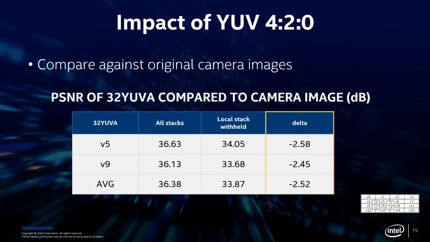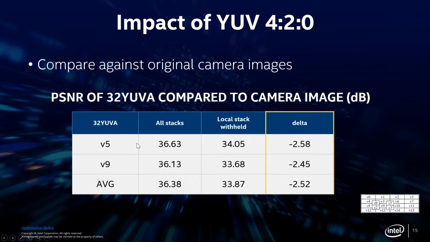And then we did the similar thing where we withheld the stack. So we wanted to render at view 5, but we held the view 5 MPI stack from the LLFF MPI renderer, just to get a sense of how the viewpoint interpolation works when you compare it against the real-world camera scene.